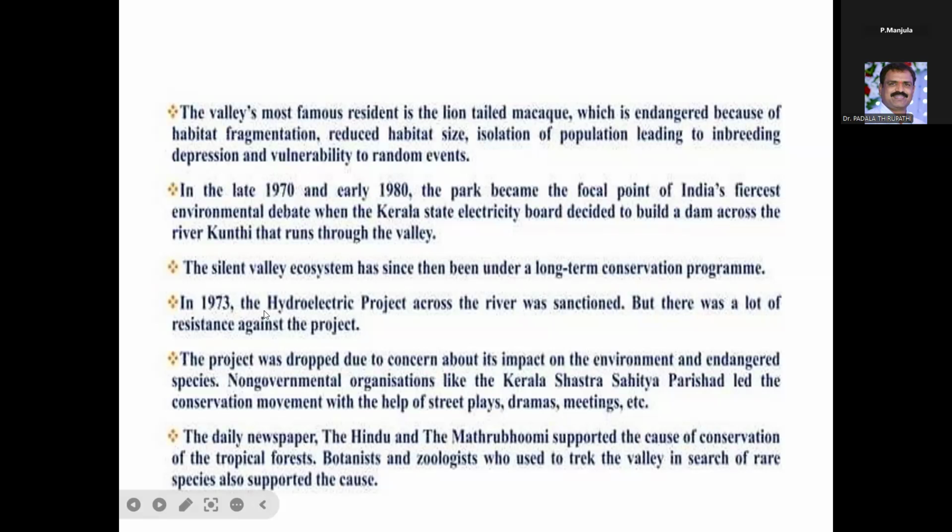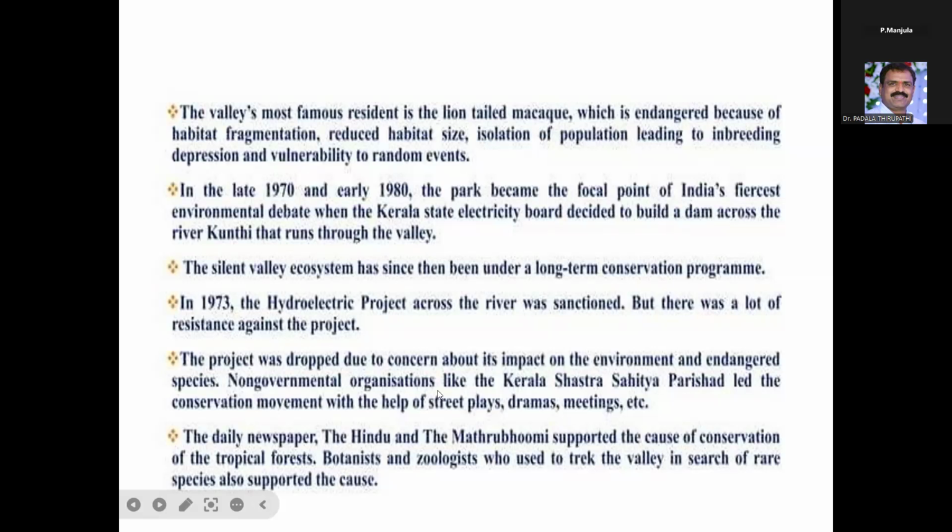In 1973, the hydroelectric project across the river was sanctioned, but there was a lot of resistance against the project, and it was dropped due to concern about its impact on the environment and the endangered species.